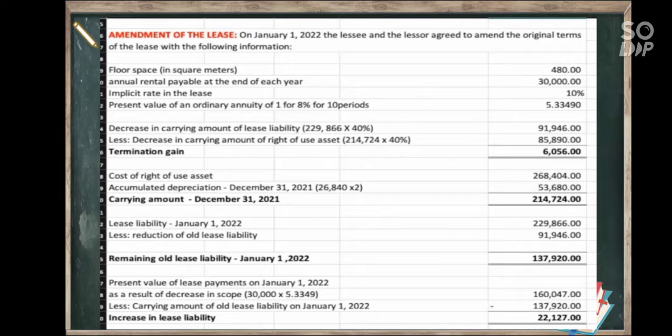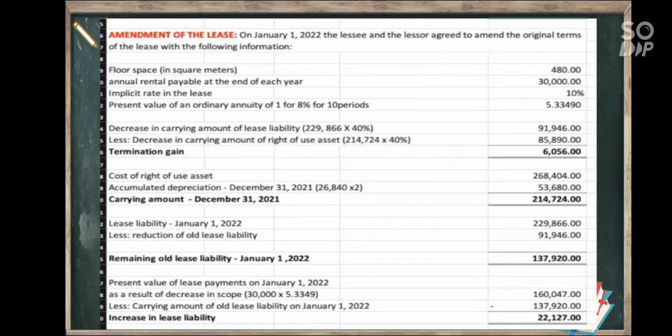Accumulated depreciation as of December 31, 2021 is 53,680. To get that, gi-multiply ang 26,840 by 2.